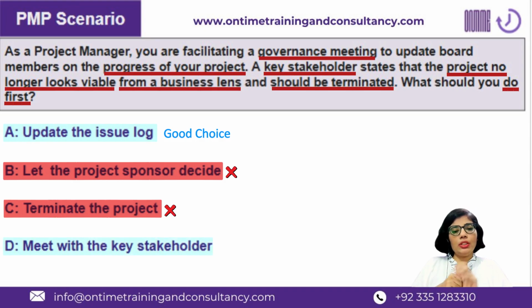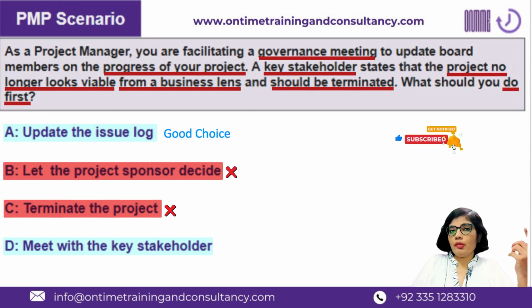D, meet with the key stakeholder. Now this makes sense, right? So we are now left with options A and D. Option A is good and option D is also good, because this is a matter with one key stakeholder. It's not like every other person in the governance board meeting is saying the same thing.